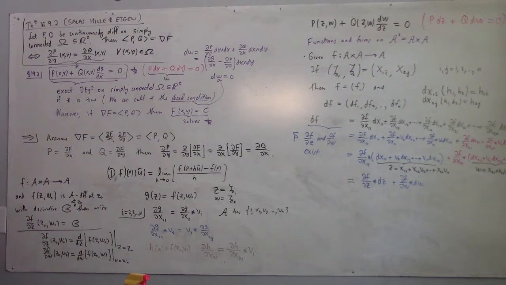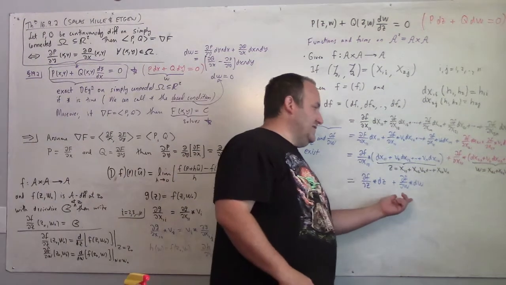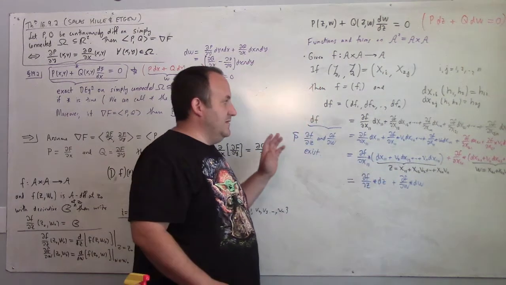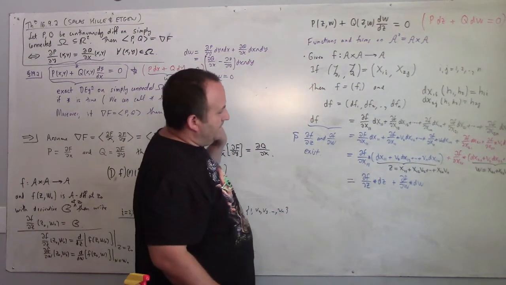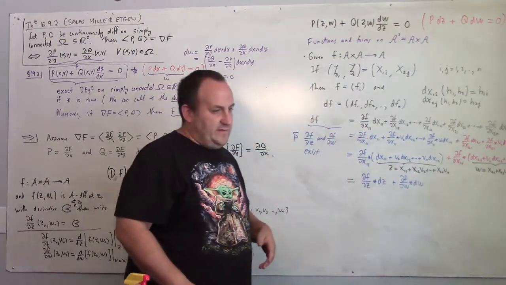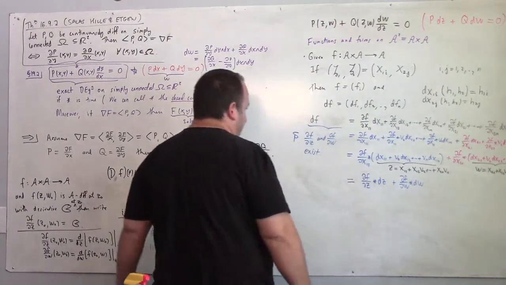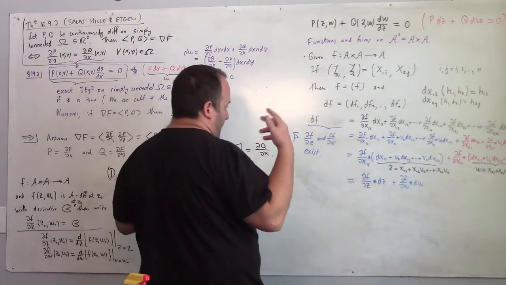If a function is not differentiable with respect to its components, then the differential would have these two pieces, but it would also have all the other pieces that come from the conjugate differentials, for what it's worth. But anyway, this is what we're interested in, is when this does happen.